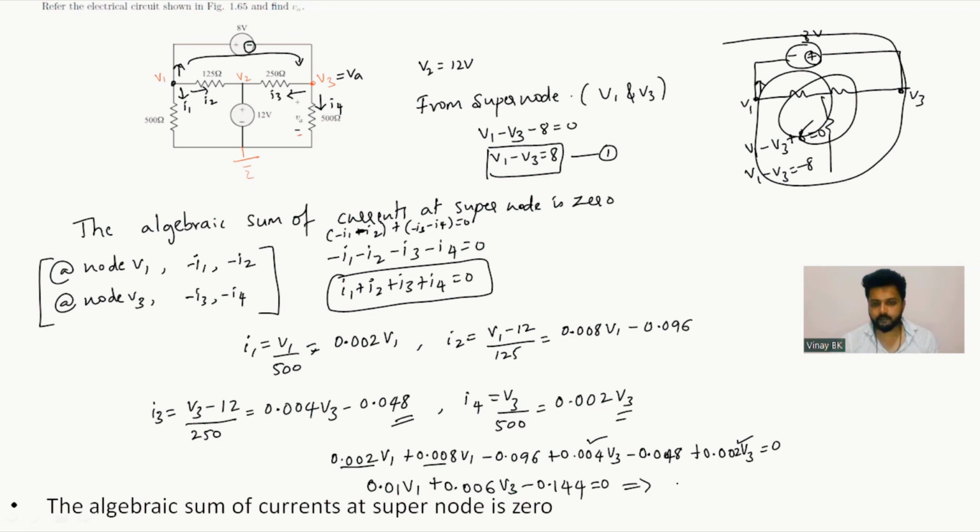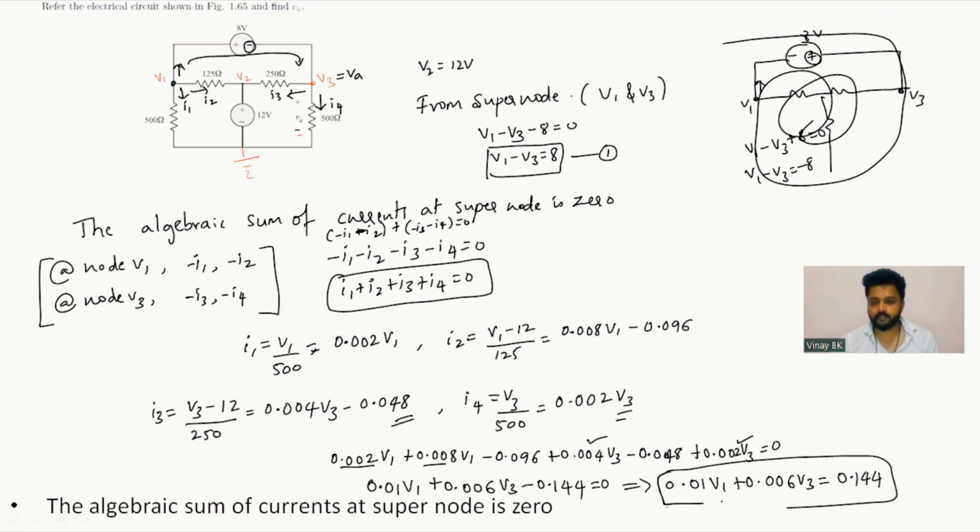So you can rewrite this as 0.01 V1 plus 0.006 V3 equals 0.144. This is equation number 2.